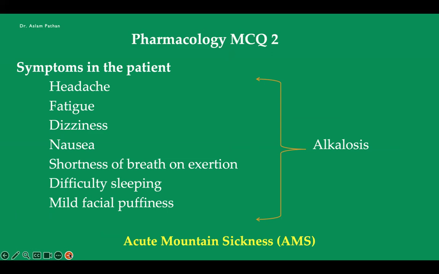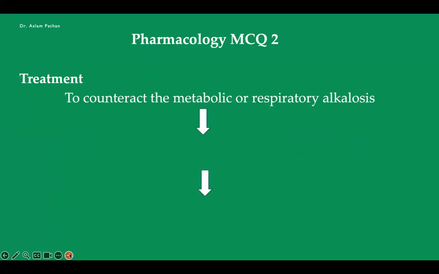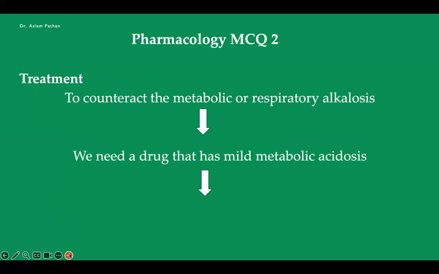Now the question is, why are diuretics used to treat alkalosis? Let us see. To counteract the metabolic or respiratory alkalosis, we need a drug that causes mild metabolic acidosis.